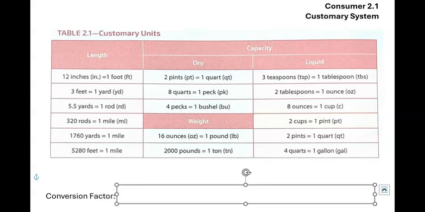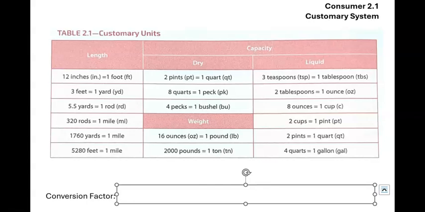A conversion factor is the number of smaller units needed to equal one of a larger unit. For example, if we were going to convert from feet to yards, the smaller unit is feet, so the conversion factor would be 3 because there are 3 feet in 1 yard. Or if we were going to convert from ounces to gallons, then we would look at how many ounces make up 1 gallon.